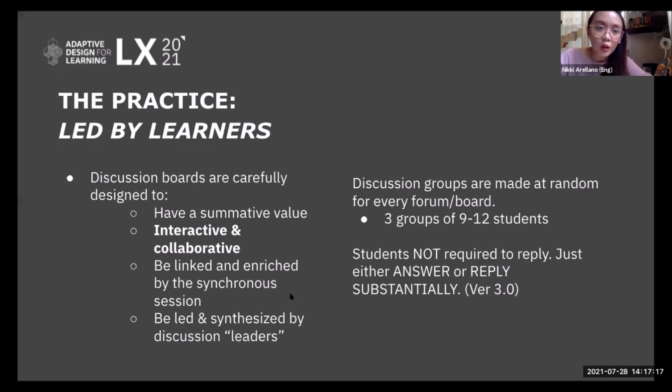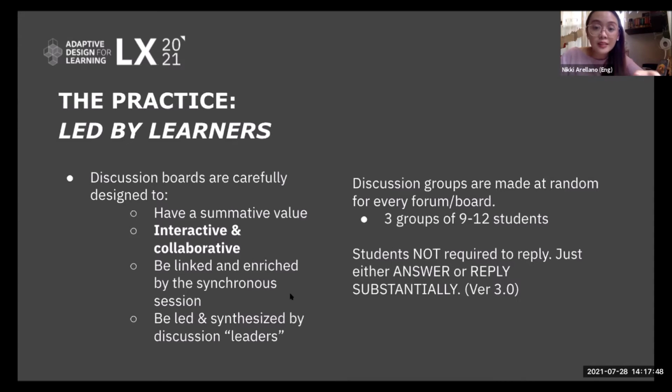So okay, where does the interactive and collaborative thing come in? If you have explored this in Canvas, when you design a discussion board, you can group students into smaller groups so that the student is only really interacting with a smaller group and not 29 other people.